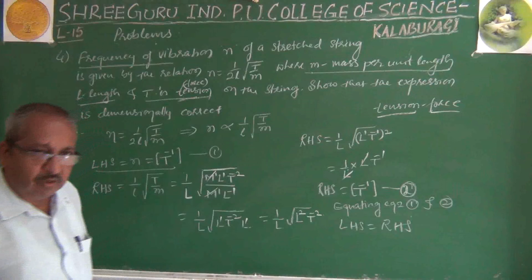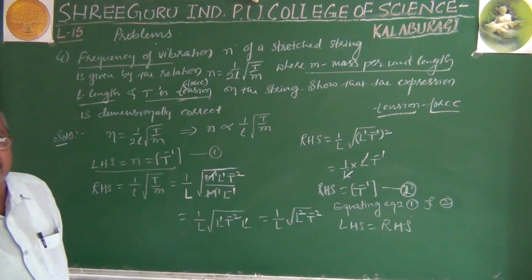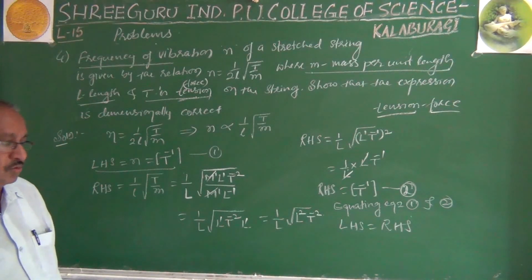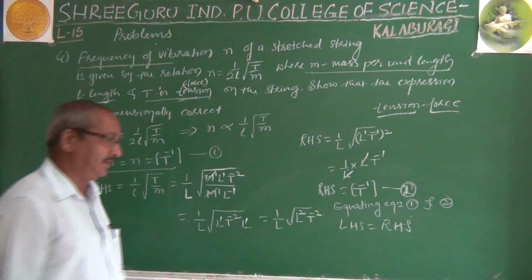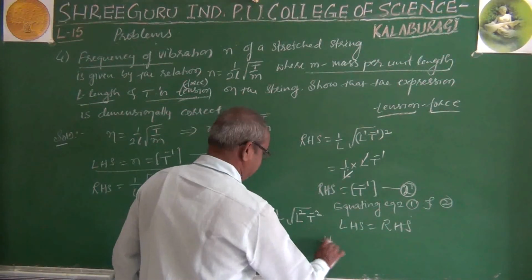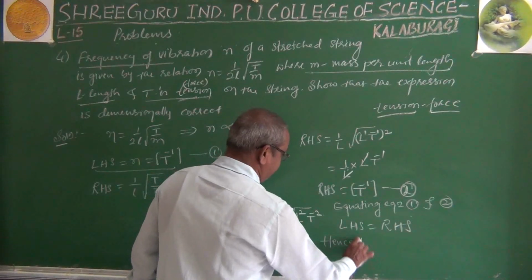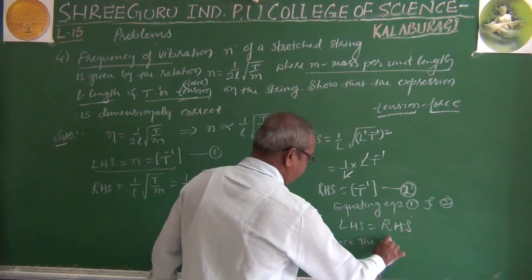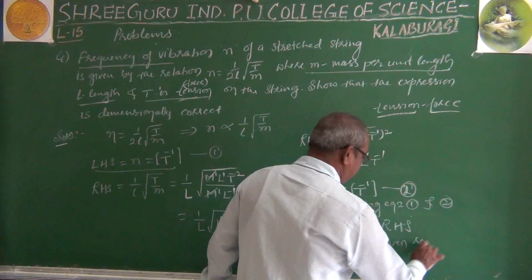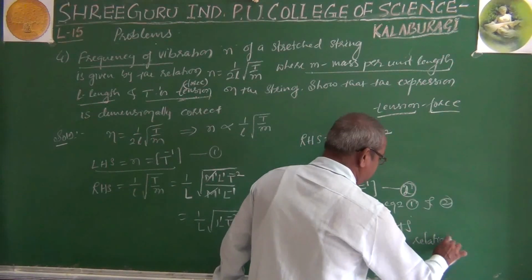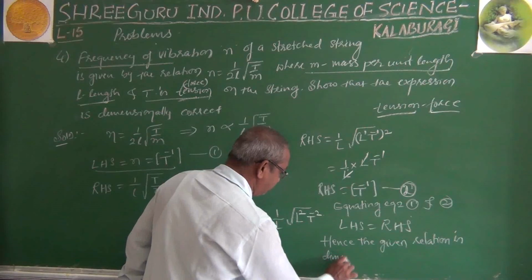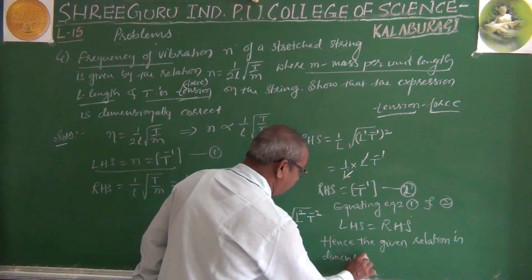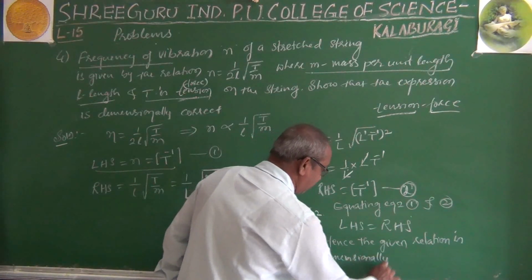If LHS equals RHS, it means the dimensions of LHS and the dimensions of RHS are both the same, meaning the given equation is dimensionally correct. Hence the given relation is dimensionally correct.